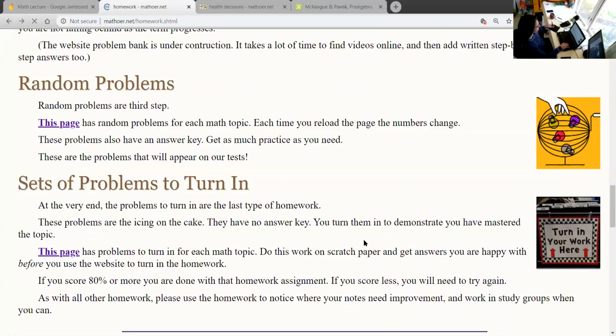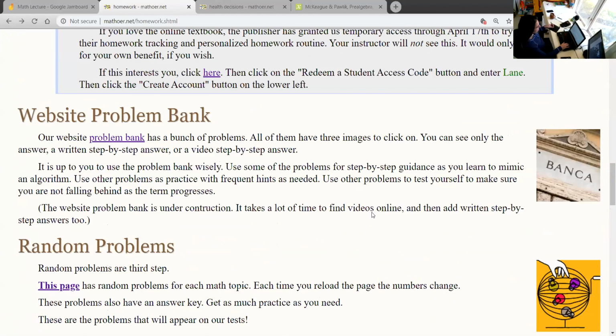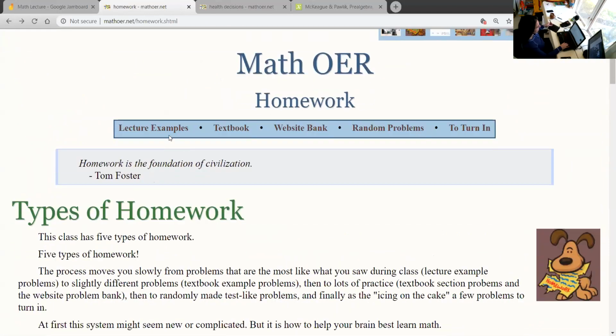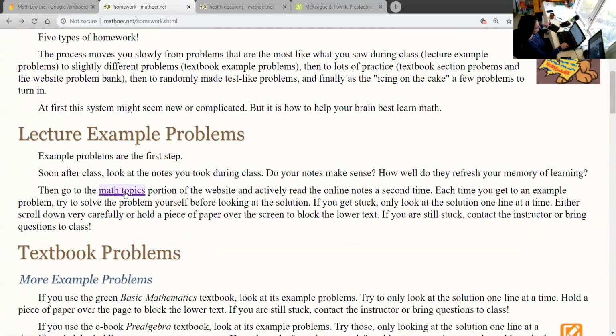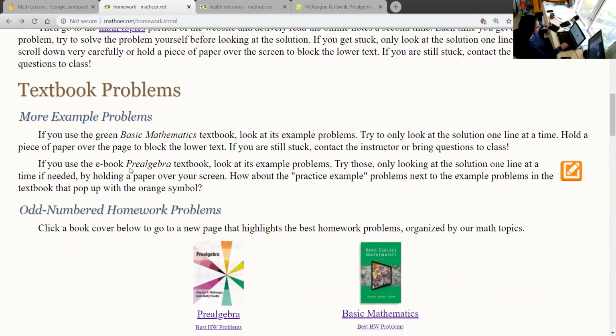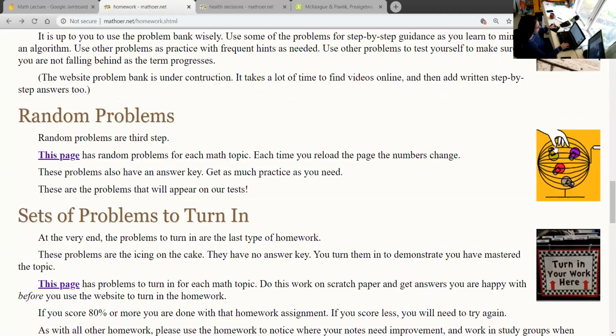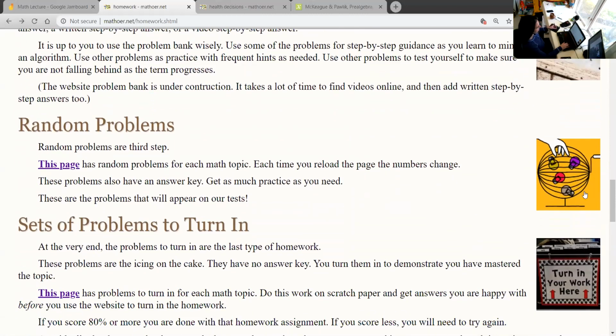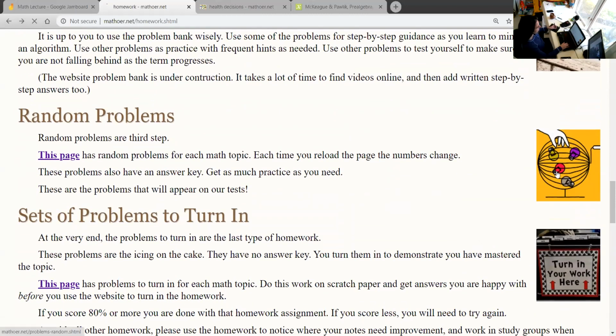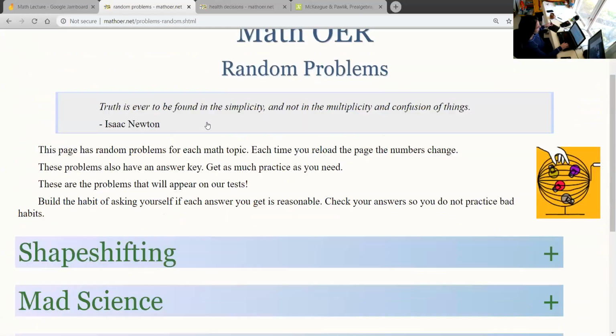The first homework you should try is to start at the top of the page. It says first go to the math topics and look over what we did in class. Make sure you could do the example problems yourself without me there. Then skip the problem bank for now. That's only Math 20 right now. Then you have random problems, and random problems are great. That's what will be on the test.